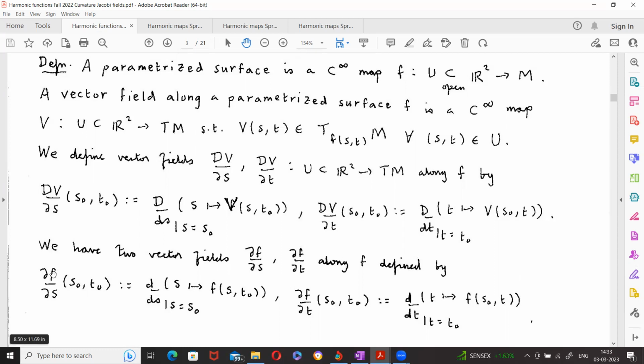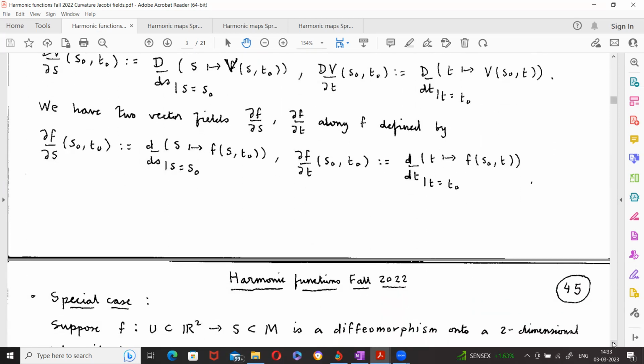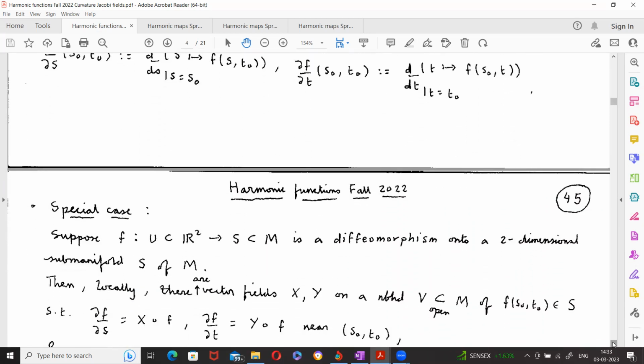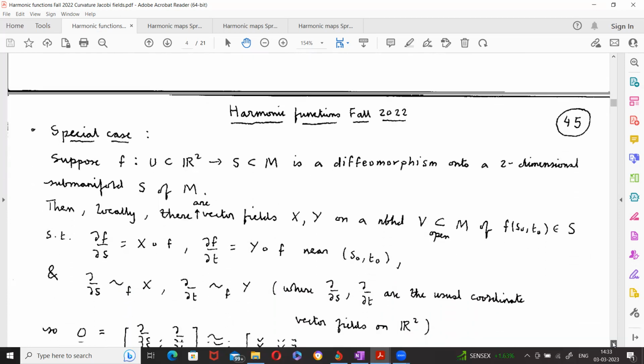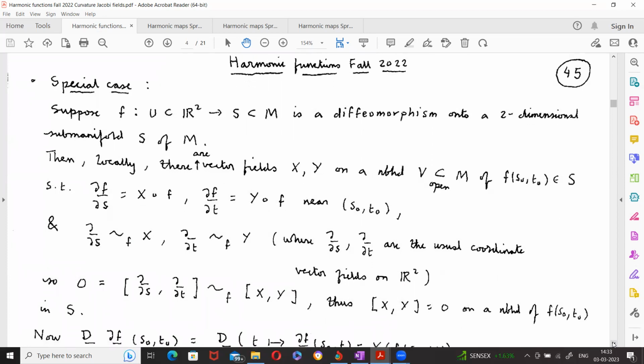That is defined to be ∂F/∂s at (s0, t0). Similarly, you can define ∂F/∂t. I want to state at least two important properties of parametrized surfaces, which will be useful for us.